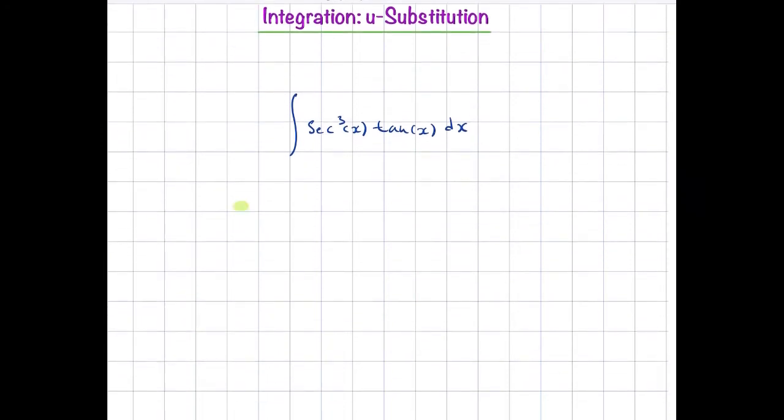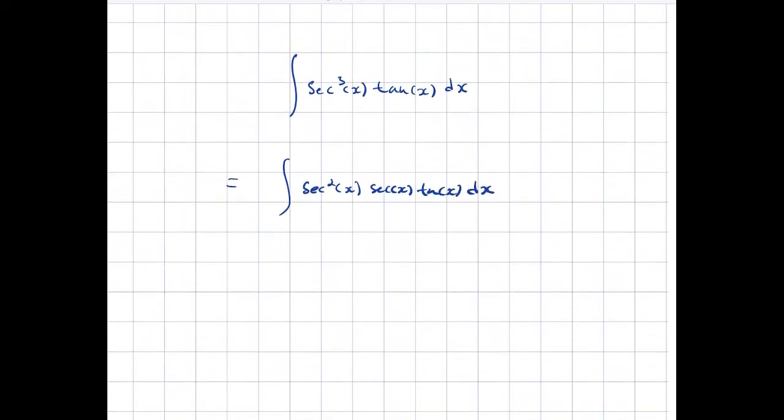If we rearrange this slightly to be secant squared of x times secant of x tangent of x dx, then we can recognize that here we have a secant function which is being squared, so the squaring function is being applied to it, and right next to it we have secant of x times tangent of x, and secant x tangent x is the derivative of secant. This is why it's so important to know all of your trig derivatives and derivatives of all the fundamental functions of calculus.